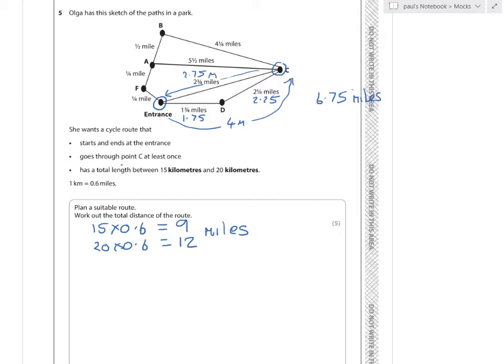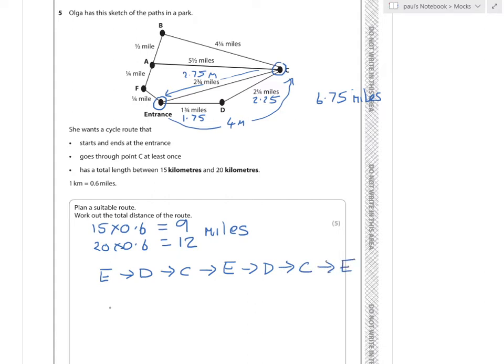And just do another lap. It doesn't say we can't. So we're going to go from the entrance to D to C back to the entrance, and then we just go round again to D to C back to the entrance.